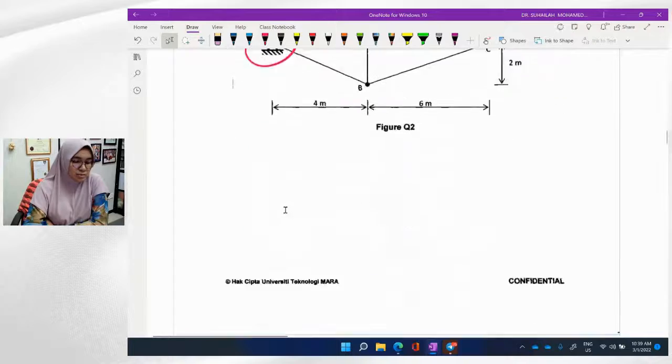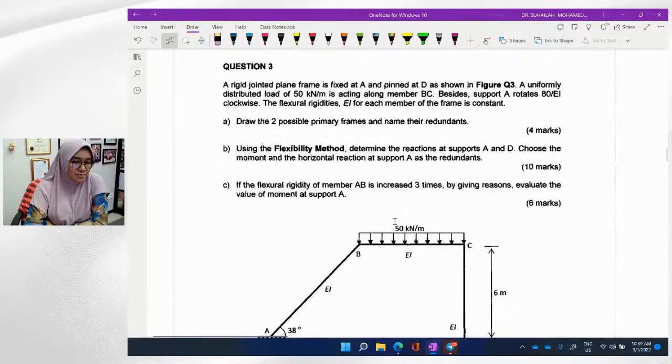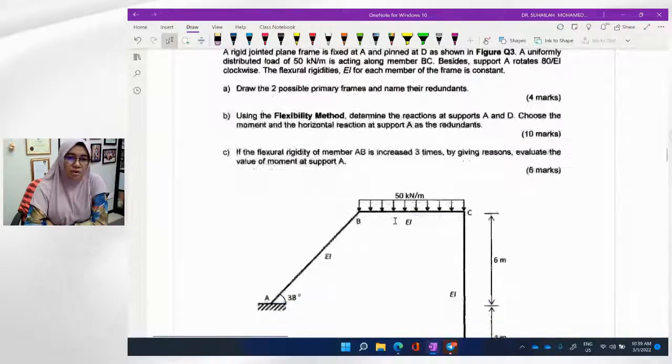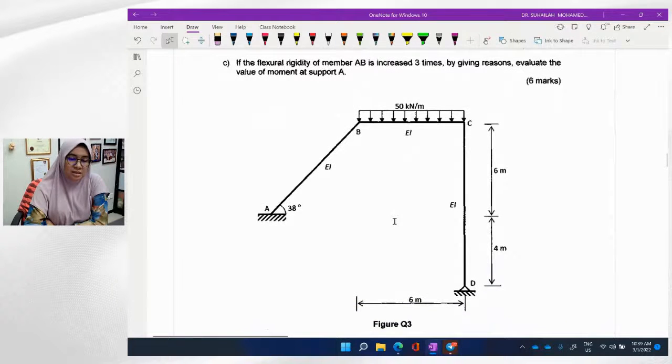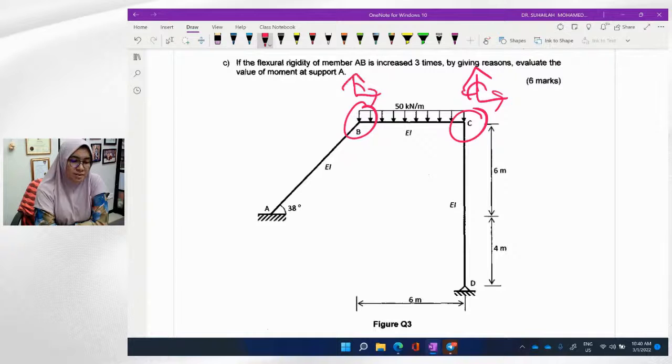Okay, we move to the next question. This is for flexibility method. Same goes for this, because we have more than 3 unknown displacement.